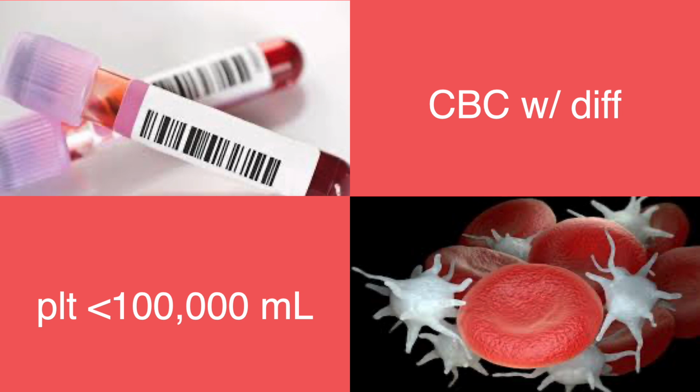If the platelet's below 100,000 and it's kind of isolated, then we're looking at thrombocytopenia. If it's not isolated, then we'd look at pancytopenia or anything else.